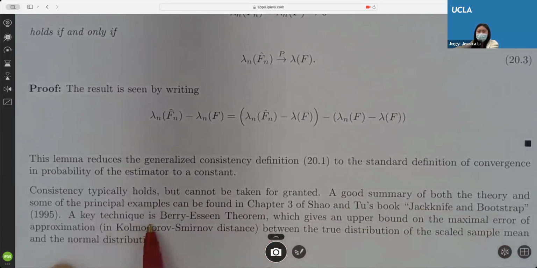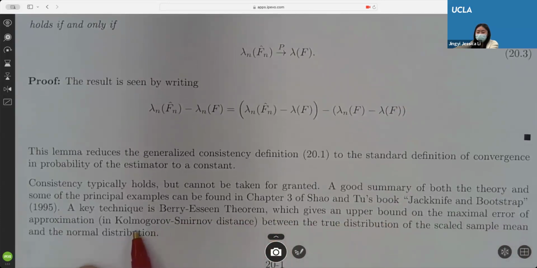A key technique is the Berry-Esseen theorem, which gives an upper bound on the maximal error of approximation, in Kolmogorov-Smirnov distance, between the true distribution of the scaled sample mean and the normal distribution.